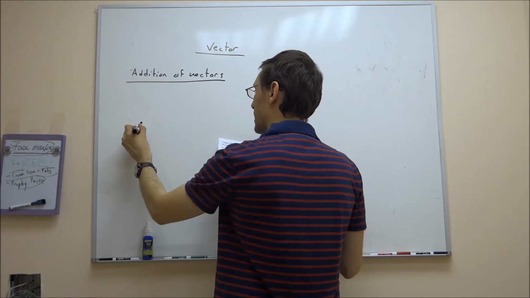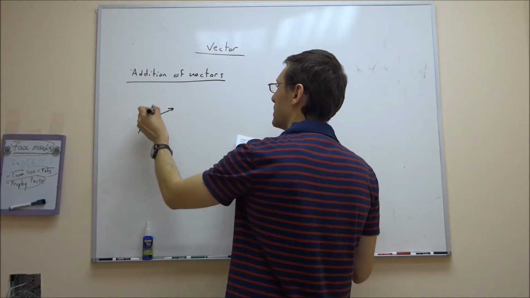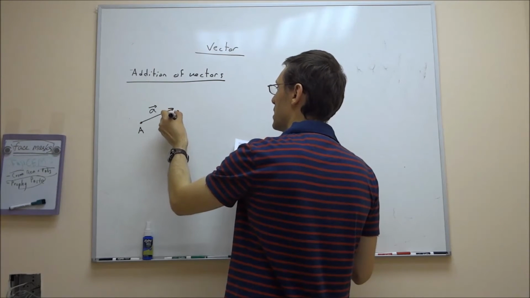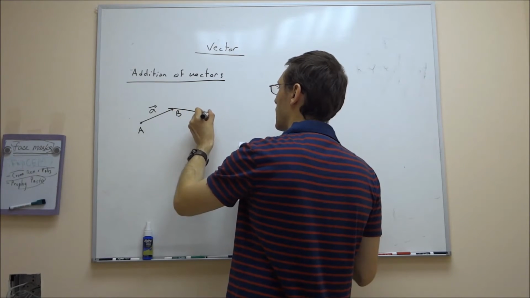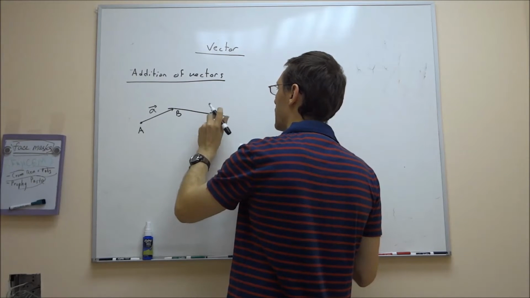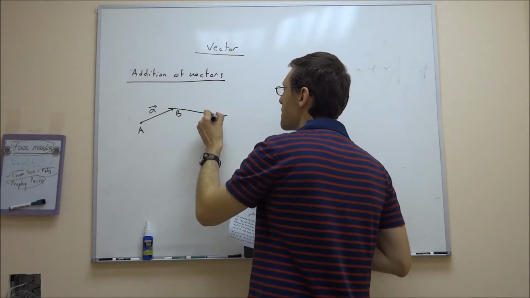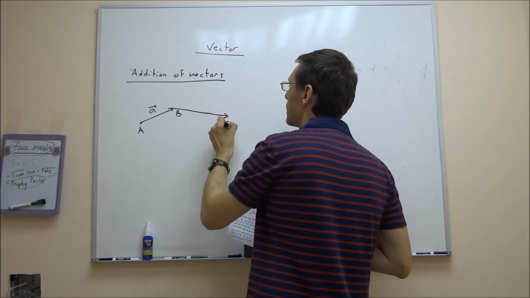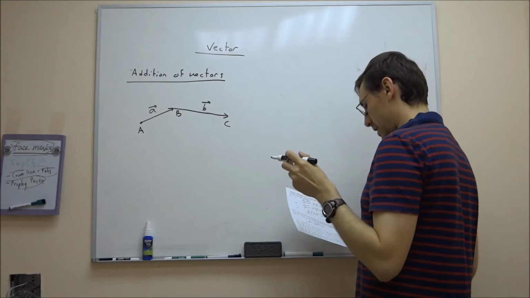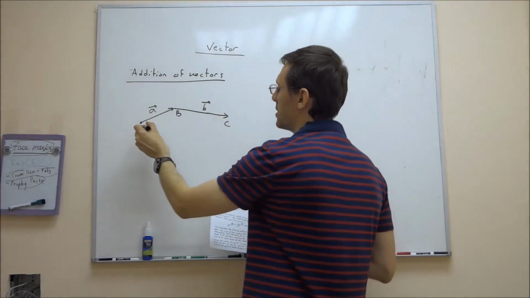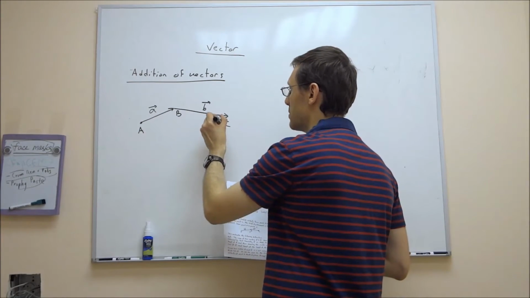If you start at position A and you displace by some vector a to position B, and then from there you displace by another vector b to position C, then if vectors are to signify displacement, you should imagine that the motion you have undergone is really the motion from A to C. So it is this motion.